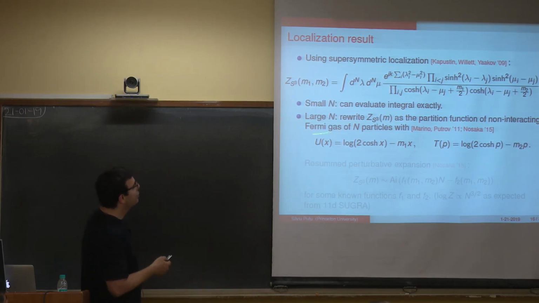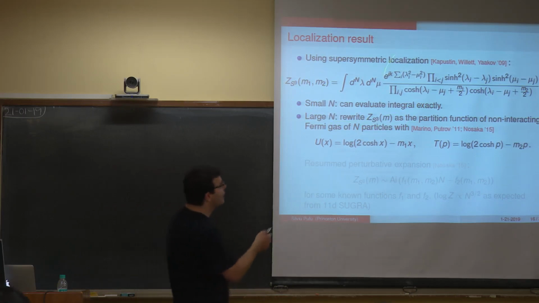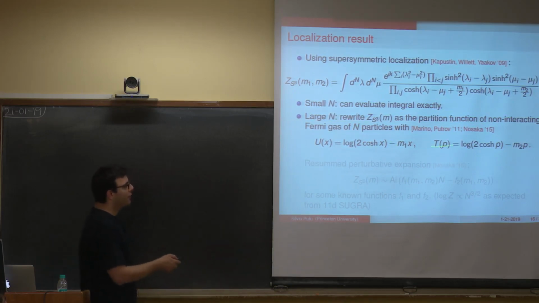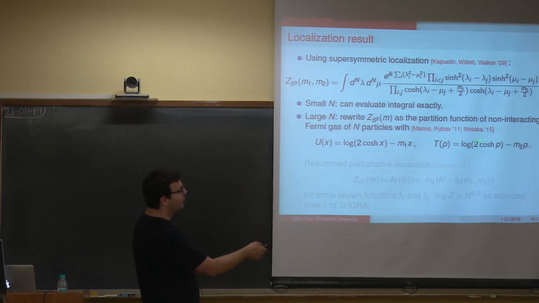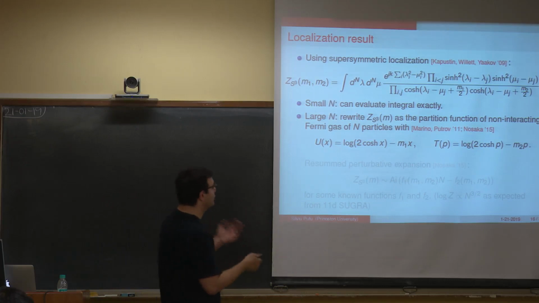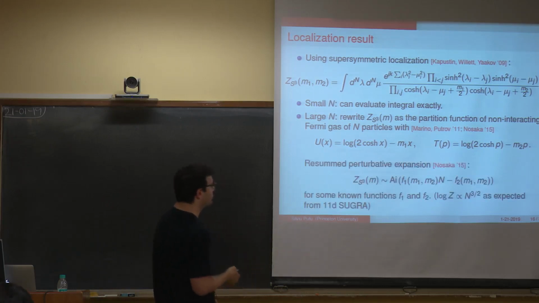And at large n, one can rewrite this partition function, it's not obvious, but one can do it, as a partition function of some non-interacting Fermi gas of n particles. The particles have a funny kinetic energy, not p squared. It's a more complicated function of p, and they move in a funny potential, and the potential looks like this. And one can use statistical physics techniques to figure out what the partition function is.